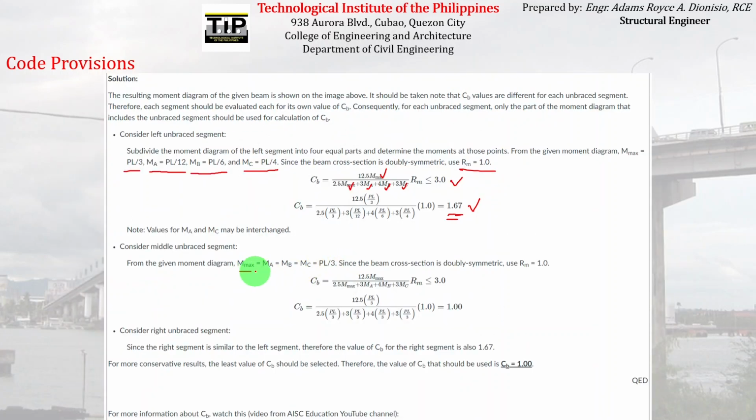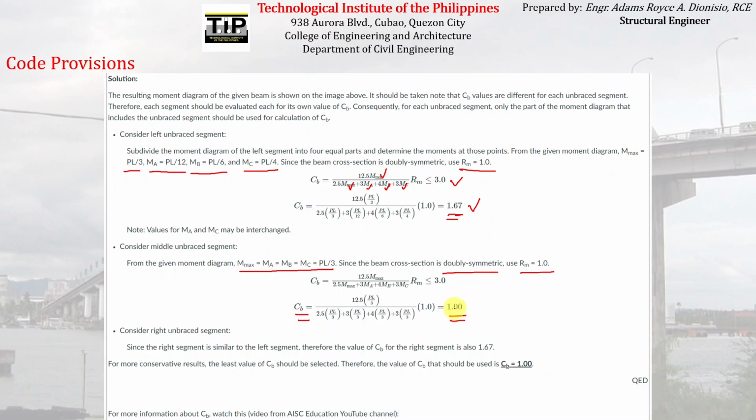So the four values here are identical to each other. Again, since the cross section is doubly symmetric, we can just use Rm equal to 1. Then, substituting the corresponding values into the formula for Cb, we can easily see that the LTB modification factor for the middle unbraced length is just equal to 1.